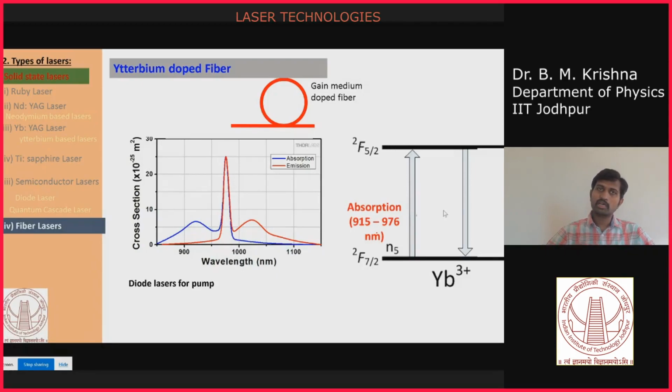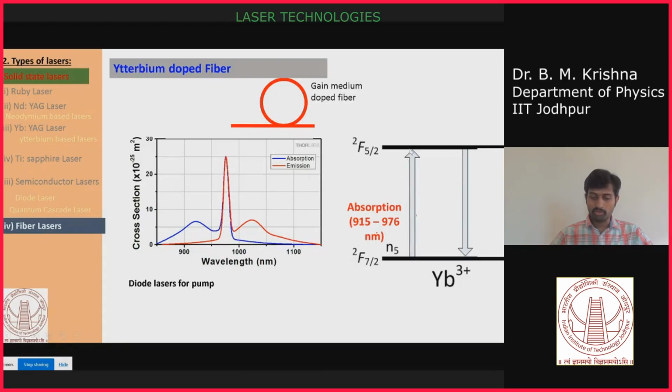So if you find any of these materials where absorption is overlapping with emission, these materials are very suitable for good lasing conditions. Okay, so now the laser transition is taking place from 2F7/2 to 2F5/2.